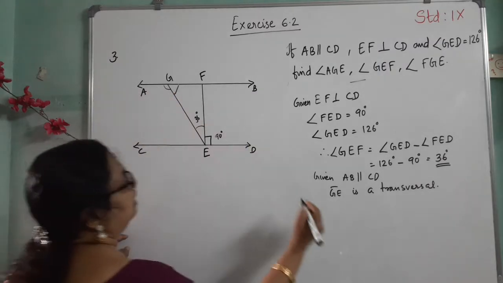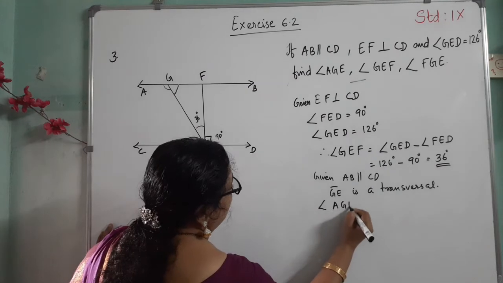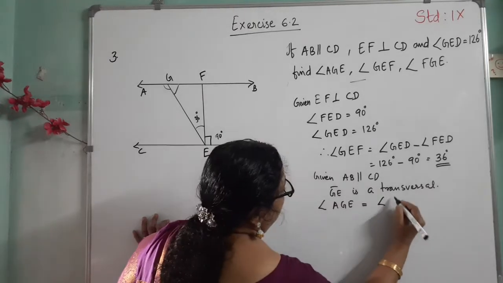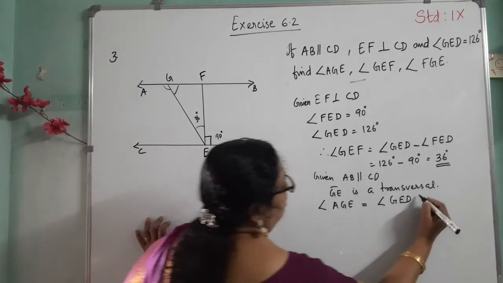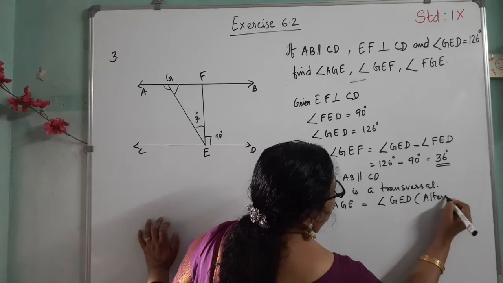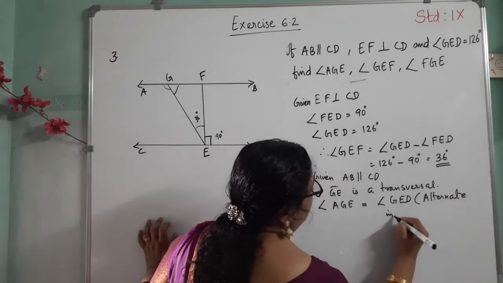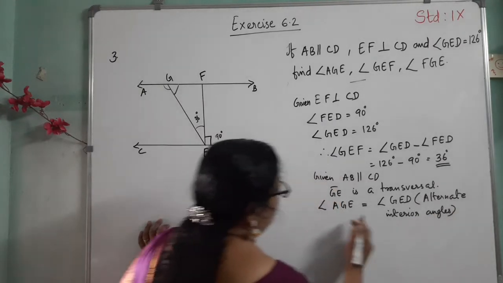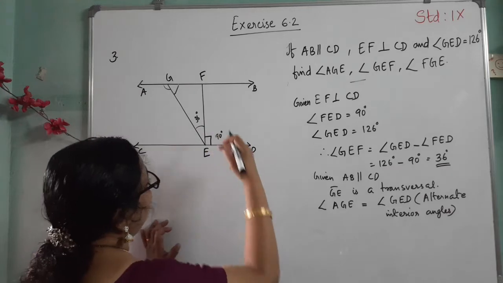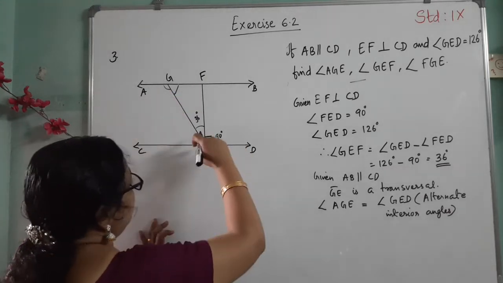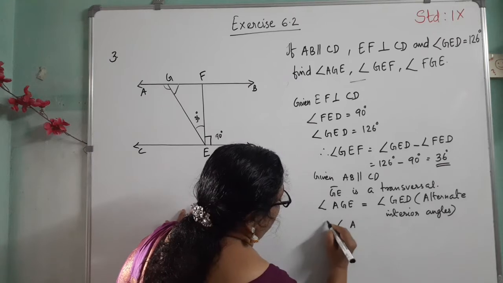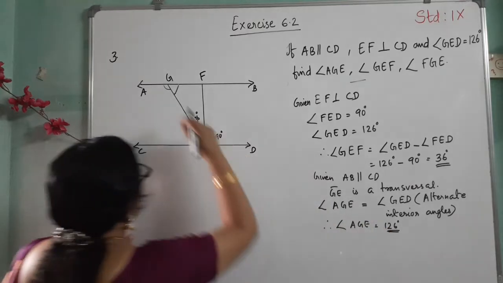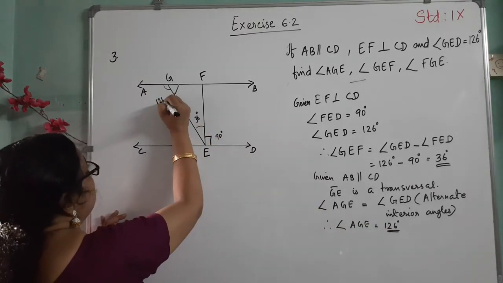That is, angle AGE equals angle GED, alternate interior angles. So angle GED is 126 degrees, therefore angle AGE is also 126 degrees. So AGE, this, is 126 degrees.